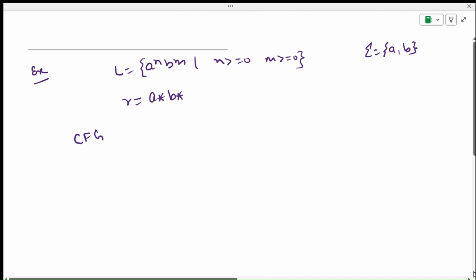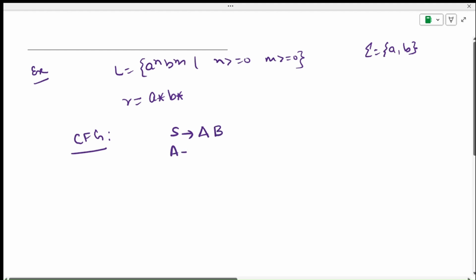Now we have this example, a raised to the power n, b raised to the power m, for some n greater than or equal to 0, m greater than or equal to 0. That is the regular expression a star, b star. The context-free grammar would be: start from S, S goes to AB. What is A?